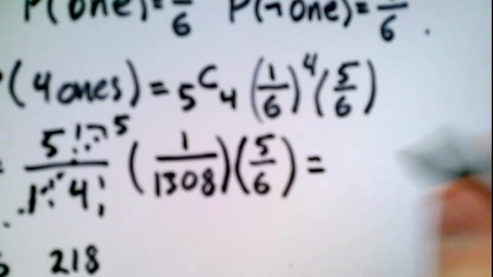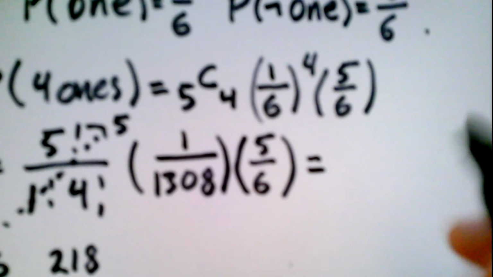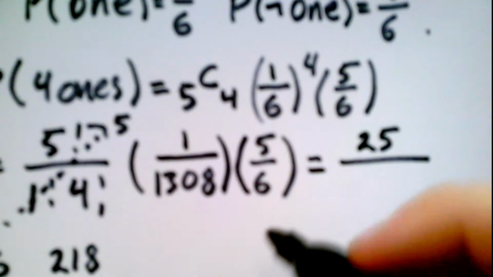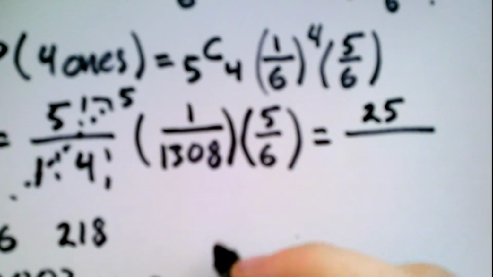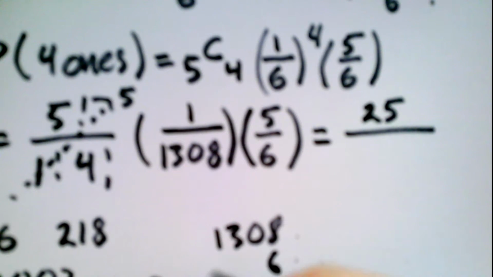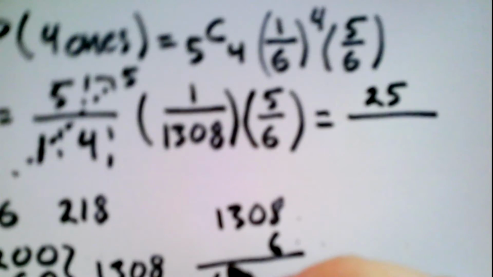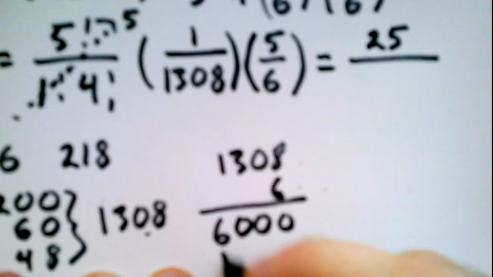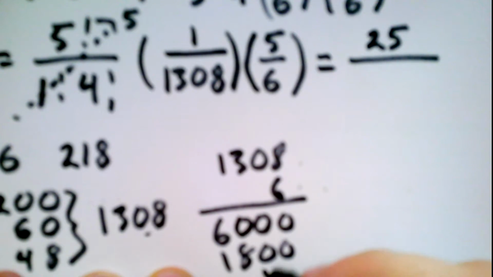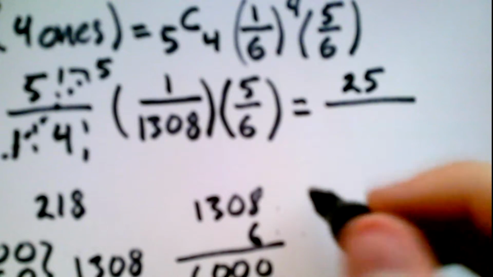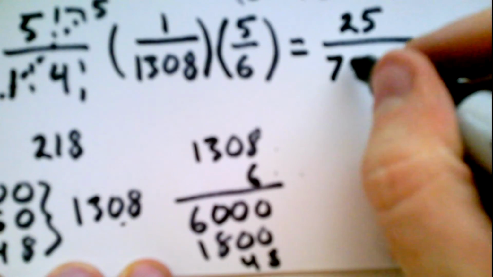So when we multiply that out, we're going to get 25 on top, and we're going to get whatever 1,308 times 6 is, which I guess we can do here. 1,308 times 6 is going to be 6,000 plus 1,800 plus 48, which is going to equal, I guess, 7,848.